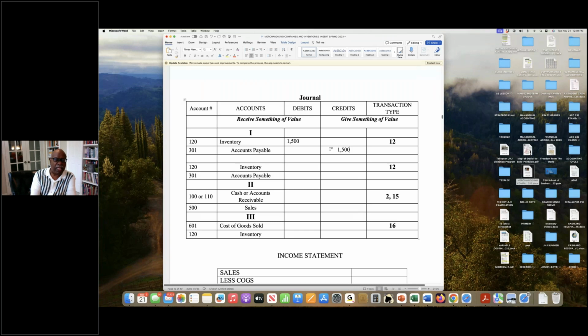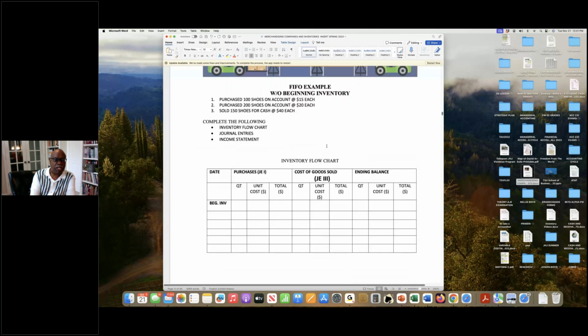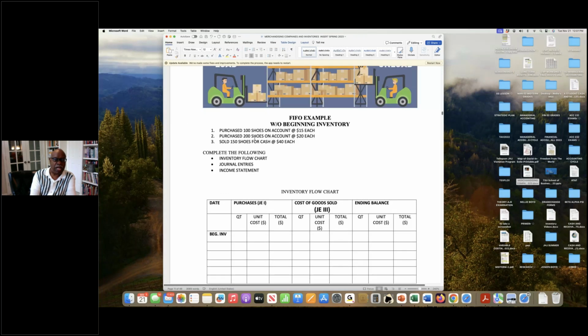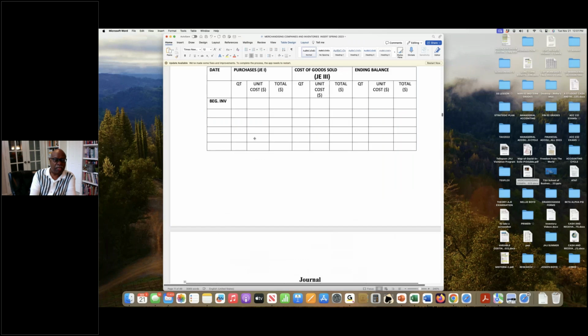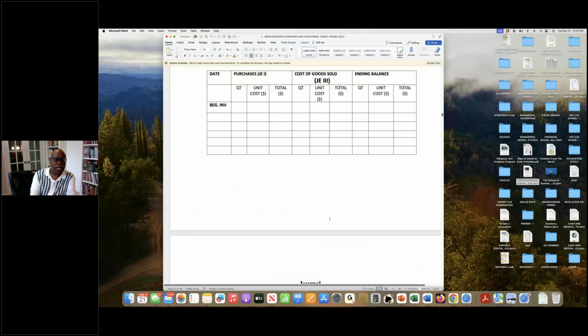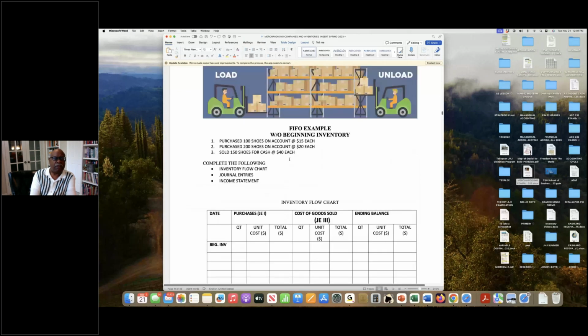Then we buy another 200 at $20 each, and that's going to be $4,000.